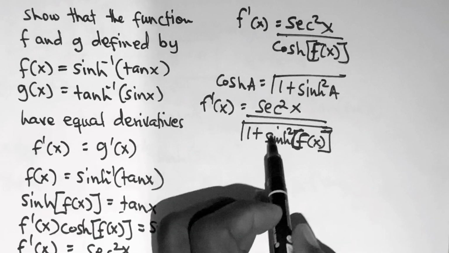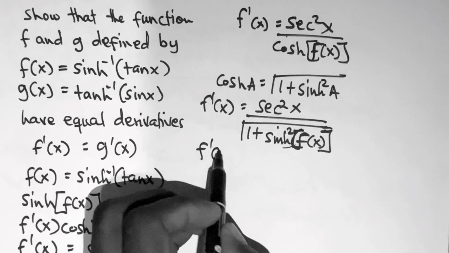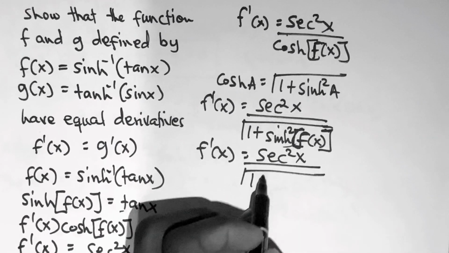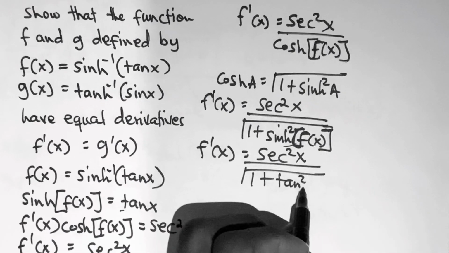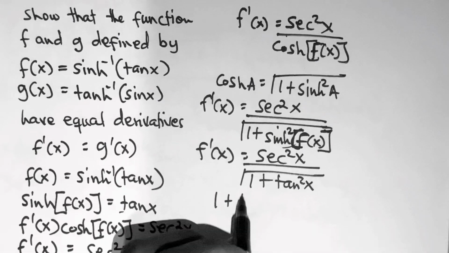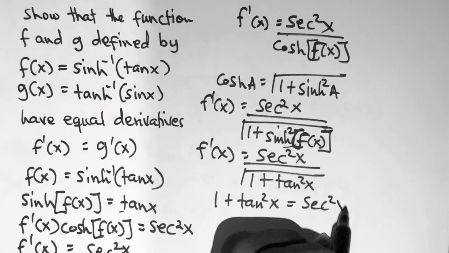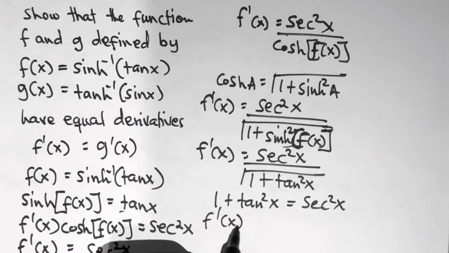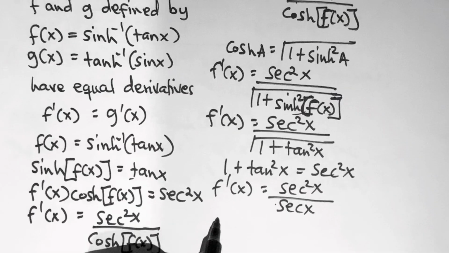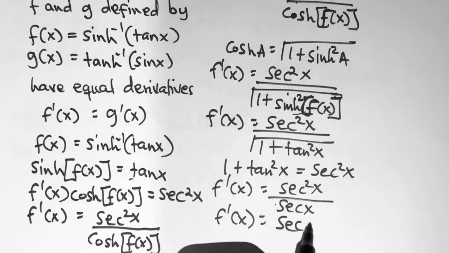So we can replace this hyperbolic sine squared of f of x by tan squared x. So f prime of x is equal to sec squared x divided by square root of 1 plus tan squared x. But we know from trig identities that 1 plus tan squared x is equal to sec squared x. So f prime of x is equal to sec squared x divided by sec x, and therefore f prime of x is equal to sec x.